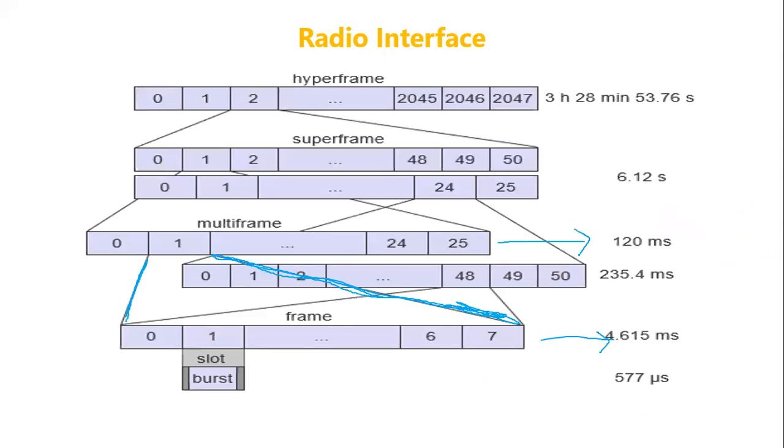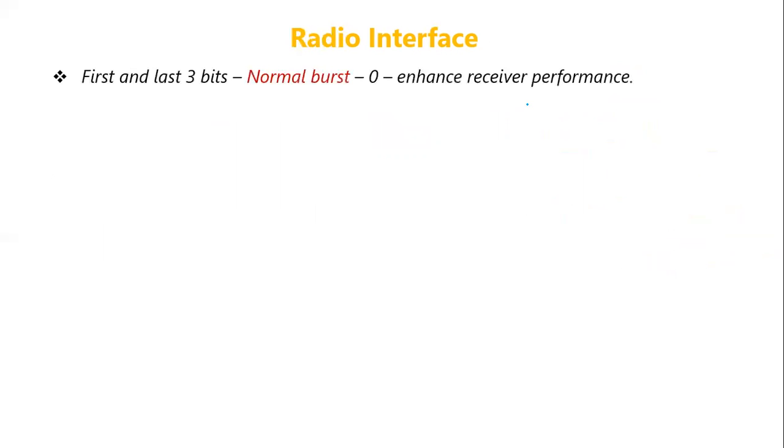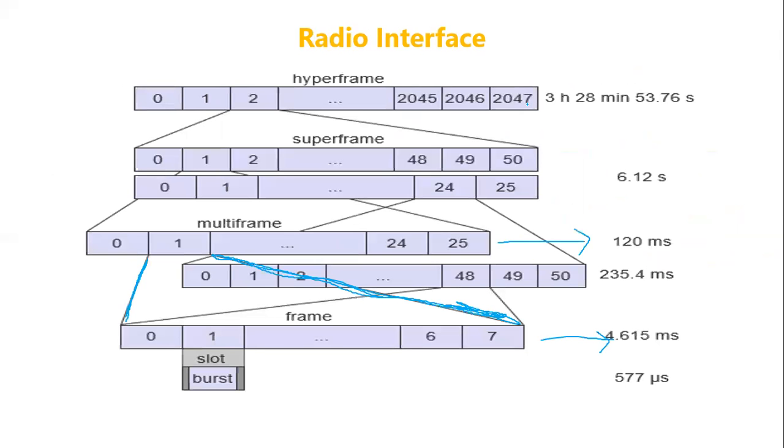So again, if we revisit this particular diagram, here you can see, this is nothing but control multi-frame. Control multi-frame contains 51 normal frames. Its duration is 235.4 milliseconds, which is nothing but 4.615 into 51.